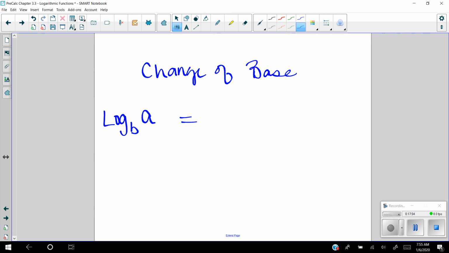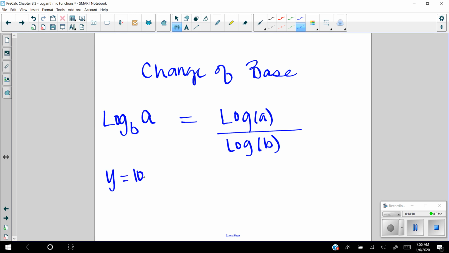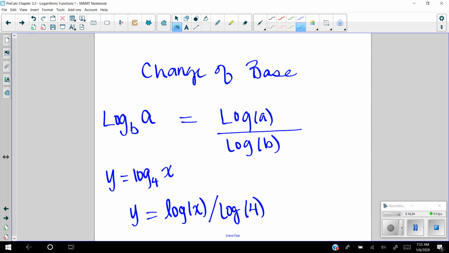We want to put that in our calculator where the base b is not 10, so it's not a common log. In order to do that, you would take the log of the value divided by the log of the base. So if we wanted to graph log base 4 of x, you would have to type it in as log of x divided by log of 4. Or, again, just use the change of base button on your calculator.